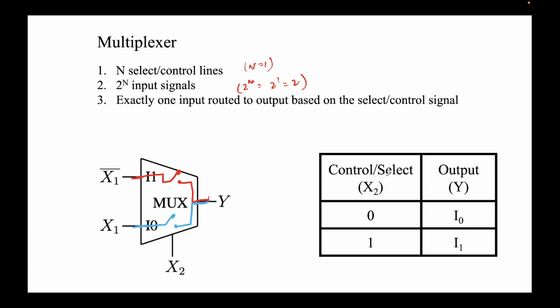Let's say the value of the controller select, x2 in this case, is 0. This means the bottom switch will be closed and the value of y will be nothing but the value of I0. On the other hand, if the value of the select line is 1, the second row, then the top switch will be closed and the output will be whatever value is coming to I1. That's how we denote it using this truth table.